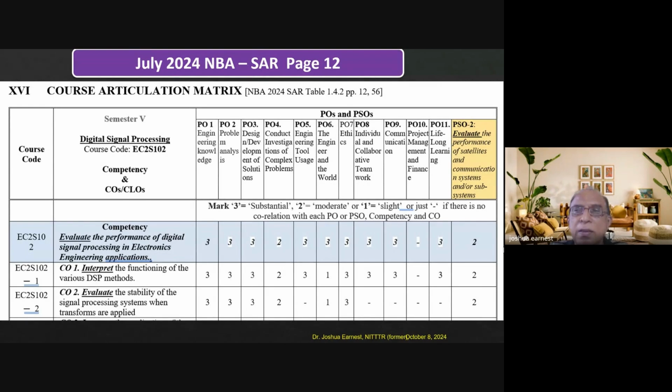I can tell you a statement: getting NBA is not a big deal. If you do the right thing, anybody who comes will have to give it. I have been on NBA teams. Earlier, when I was working with NIT and went on visits, my team members said, sir, we do not know about outcomes. You are from NIT, you know better. So I looked into the entire academic part and they looked into the other parts.